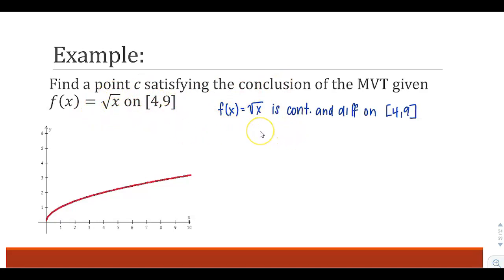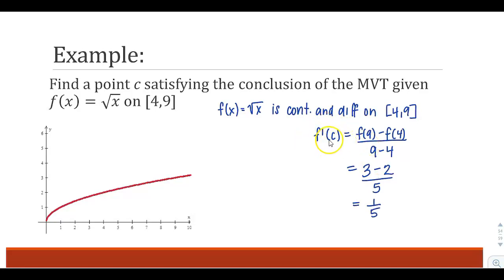So we know what has to be true is that there's some place where f prime of c is equal to f of 9 minus f of 4 over 9 minus 4. So f of 9 is 3 and f of 4 is 2. We're just substituting those into f of x. And then over 9 minus 4, that's 5, so we get 1/5. So now we need to find f prime of c. I'm going to do that scratch work over here.